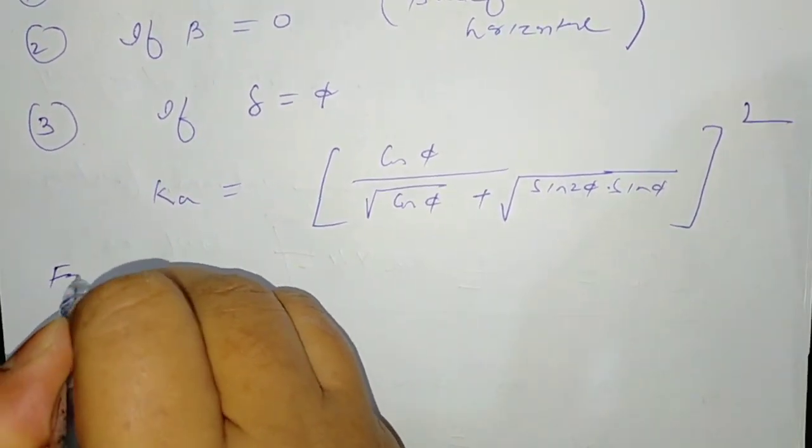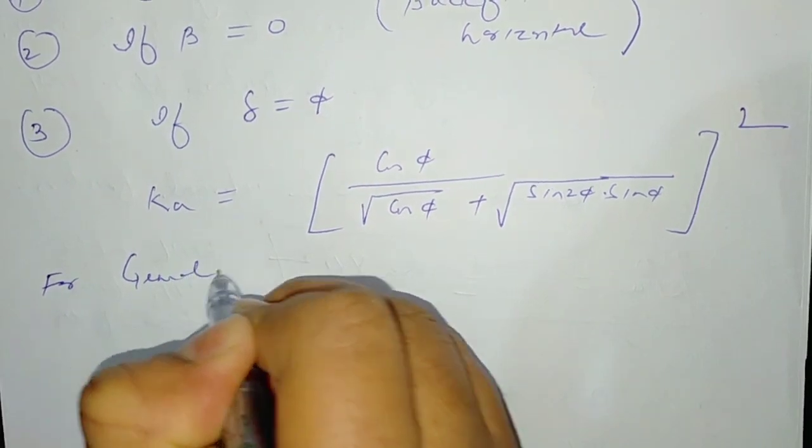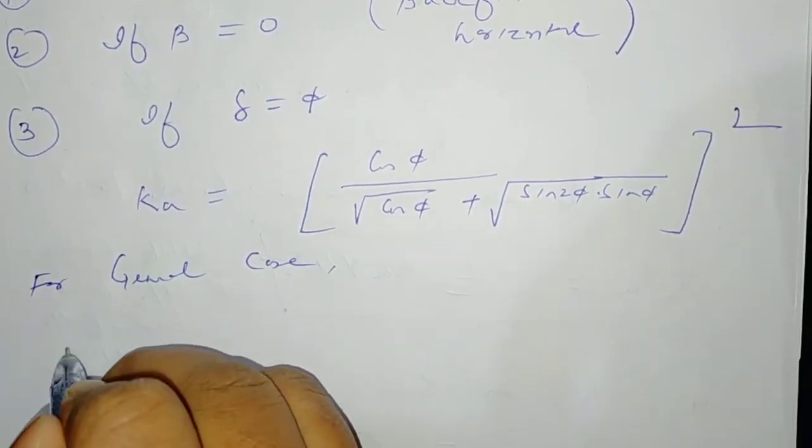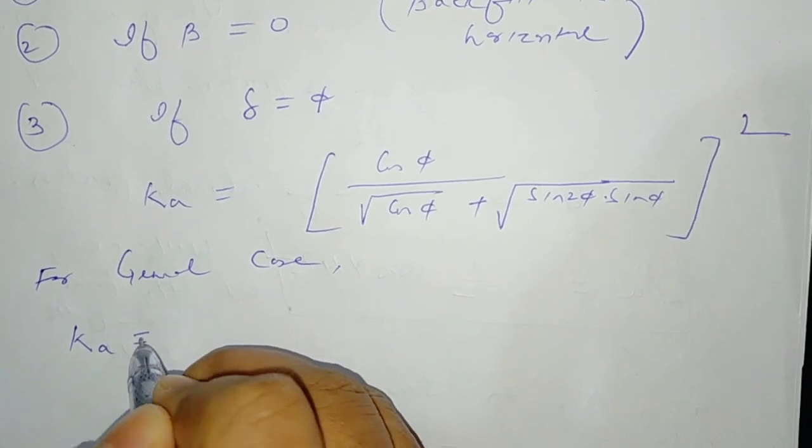For general case, once again you might write coefficient of active earth pressure.